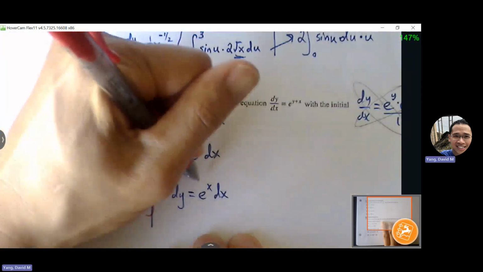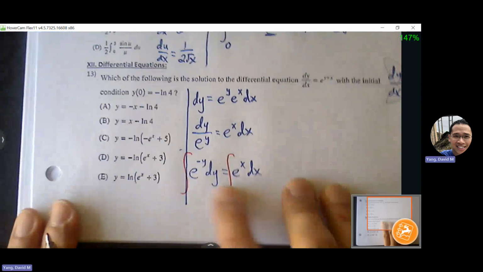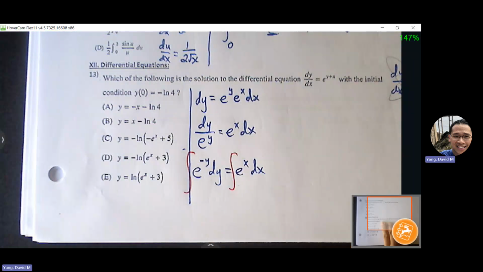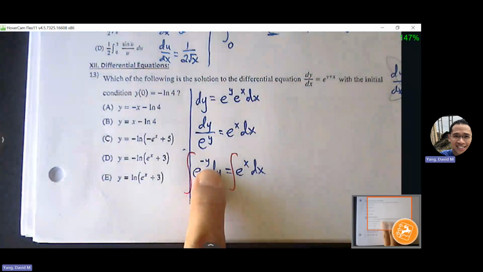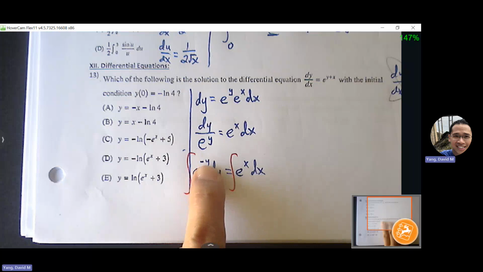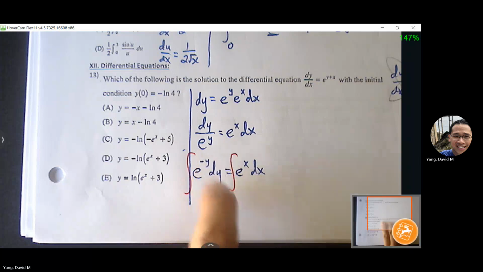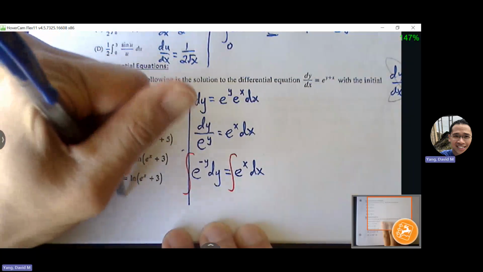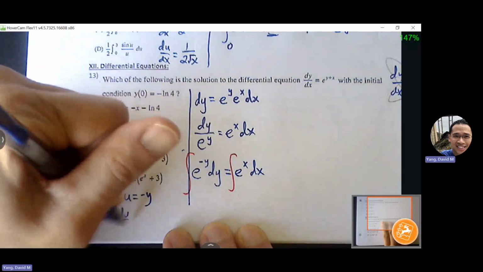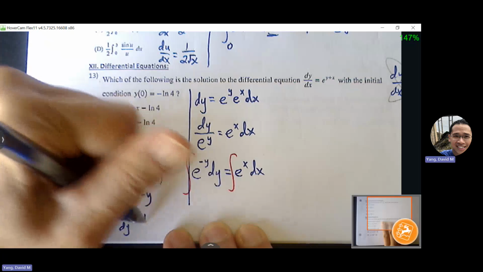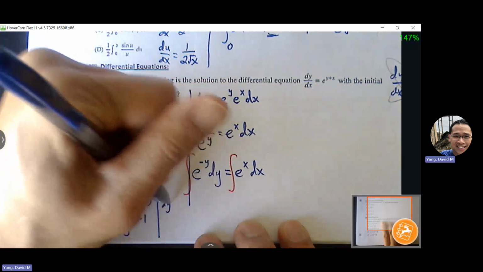The right side is going to be nice because it's e to the x, e to the x. Now e to the negative y, that's going to be a little bit of u substitution. We can skip u substitution if we know that the derivative will produce just a what? A negative 1. Yeah, so negative 1. I mean, if we want to go through our full u substitution, we can. You don't have to, especially if it's an easier u substitution.